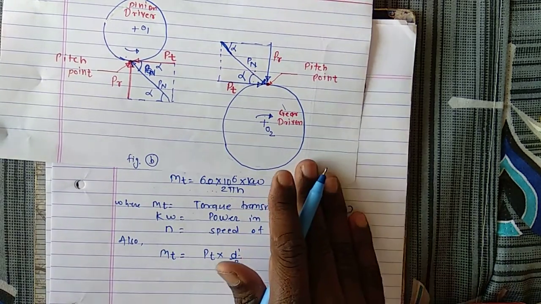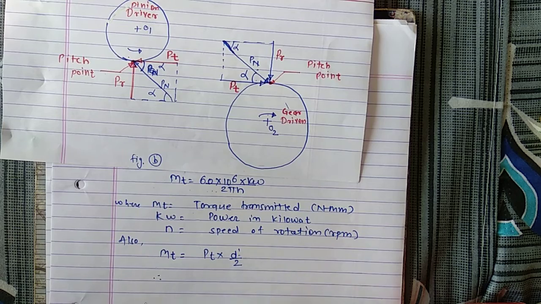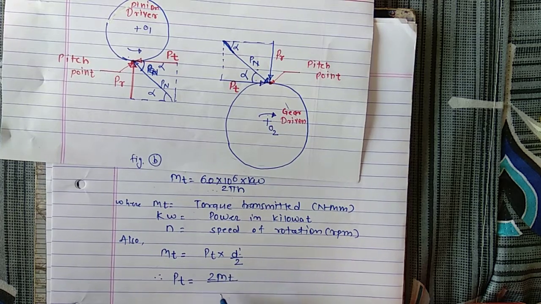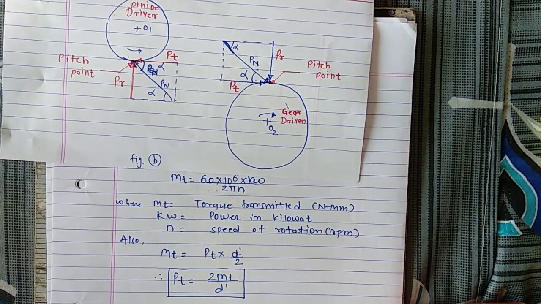Now, as we are interested in finding the value of PT, PT is given by PT is equal to 2Mt divided by d dash. By using this equation, we can find the value of the tangential component PT.